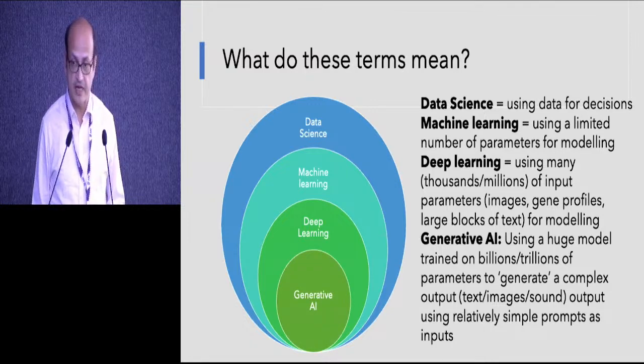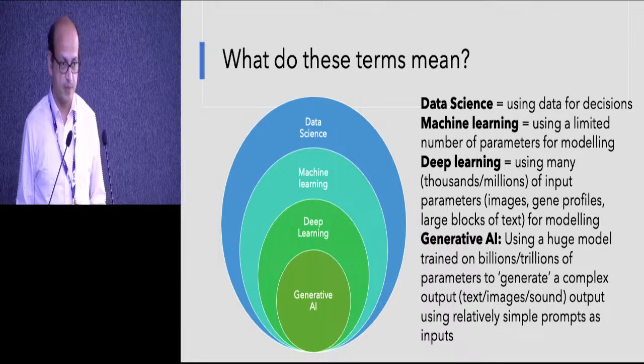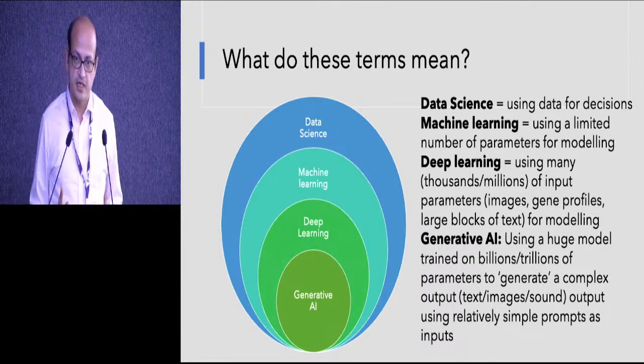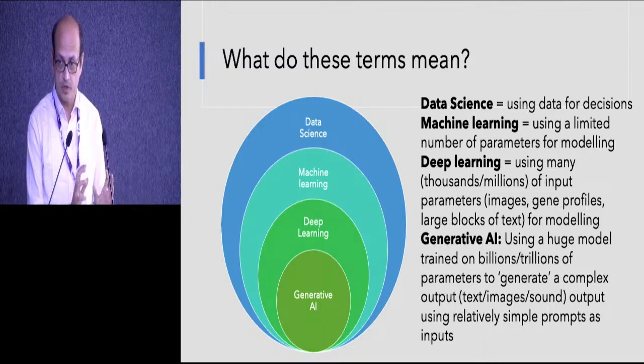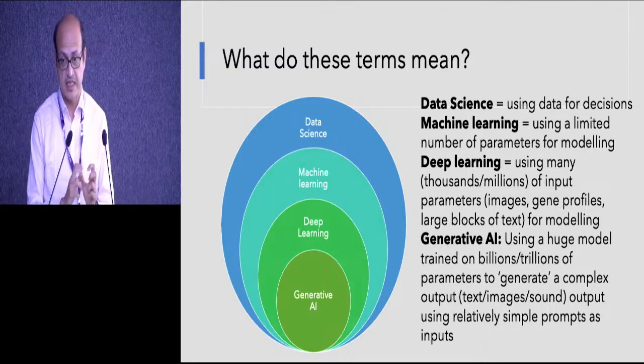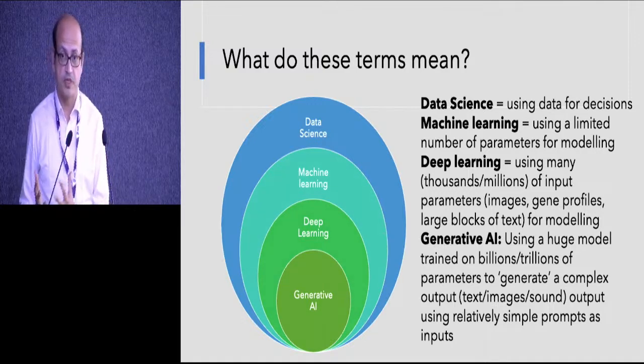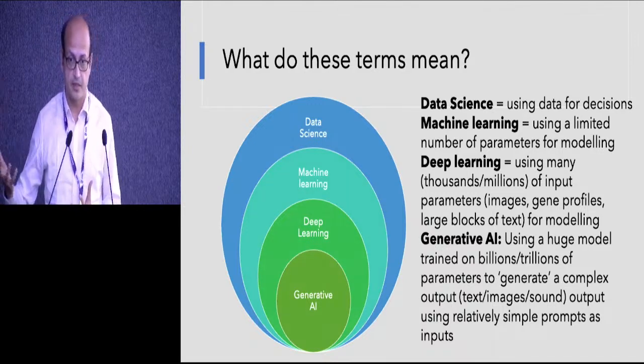And we also have a specific type of deep learning, which is known as generative AI, where you are not asking for any prediction at all. By giving a small input, you're asking the program or the algorithm to create something.